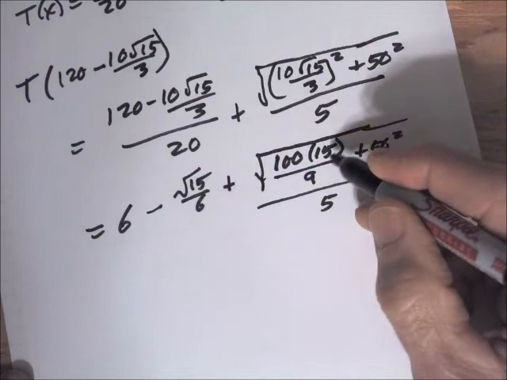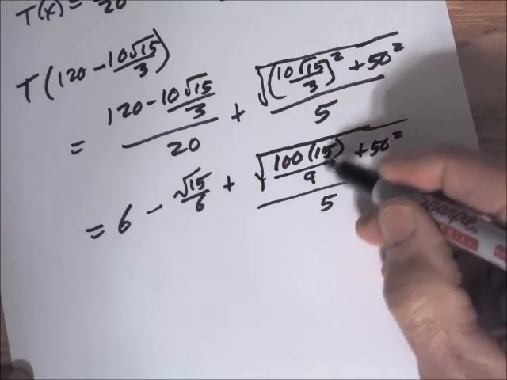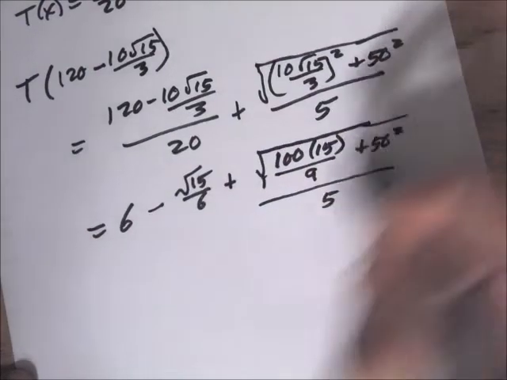Okay, so 15 over 9 reduces to 5 over 3, so this is 500 over 3.